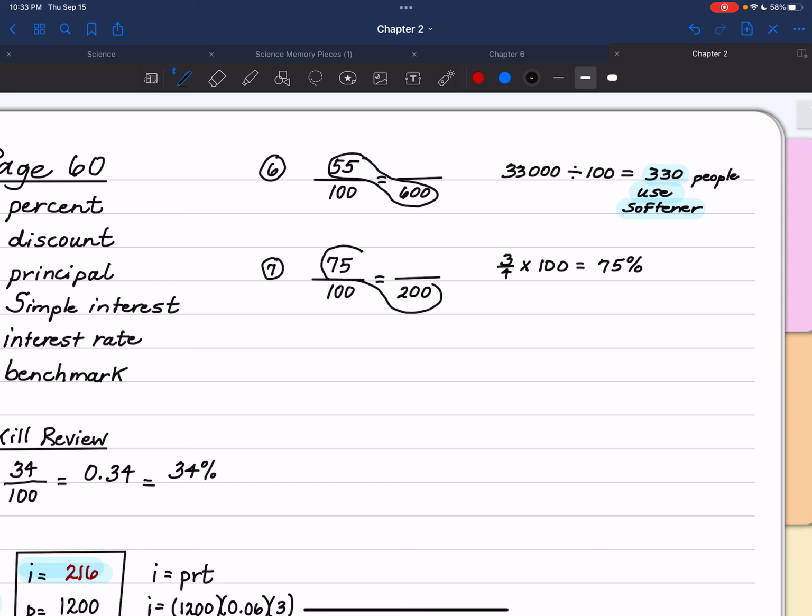So 75 times 200 is the product this time, and that's 15,000. Divide that by 100, and we will get 150 have a laptop. And again, that represents actual people in this survey.